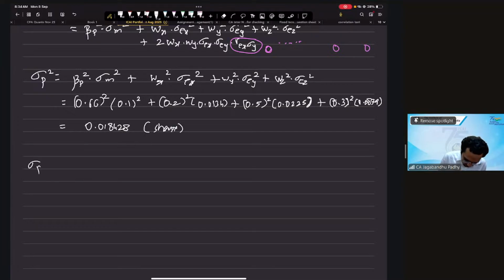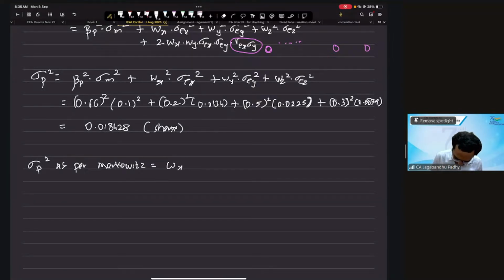Now, the variance of portfolio as per Markowitz. How does it look?